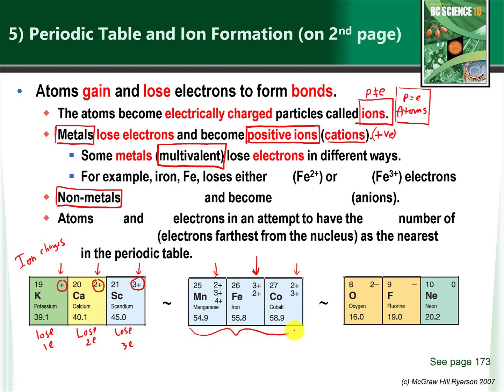And these, as I said, are multivalent, because they can lose 2 or 3 in iron, or even manganese has 3 ionic charges that are possible. So for example, as I wrote in the notes here, it either loses 2 to become Fe plus 2 or Fe plus 3 for iron 3.